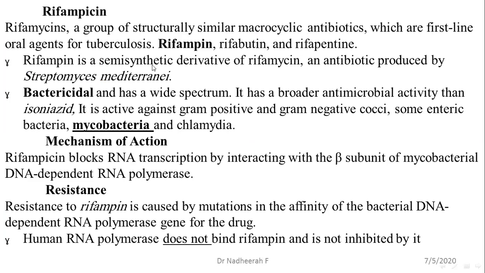Rifampin is a semi-synthetic derivative of rifamycin, an antibiotic produced by Streptomyces mediterranei. Rifampicin is bactericidal and has a wider spectrum than isoniazid. It is active against gram-positive and gram-negative cocci, some enteric bacteria, mycobacteria, and chlamydia.